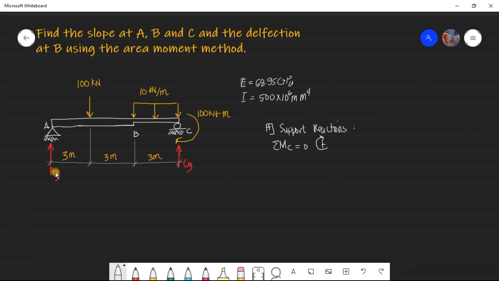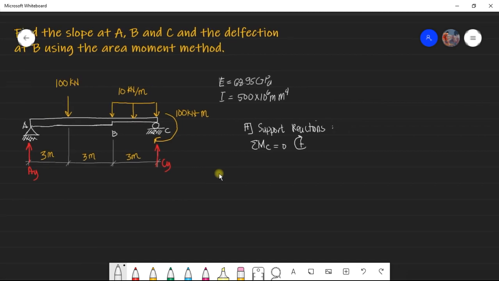Moment at C: AY times 9, plus 100, minus 10 multiplied by 3 multiplied by 1.5, and then minus 100 times 6. So AY is 60.56 kilonewton.